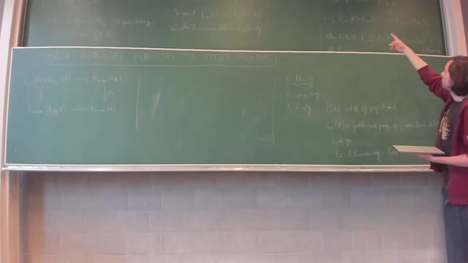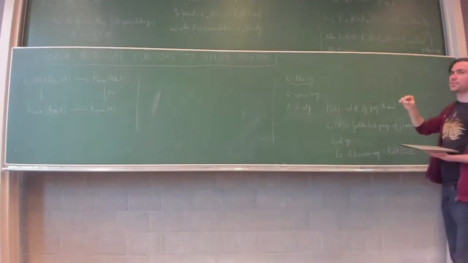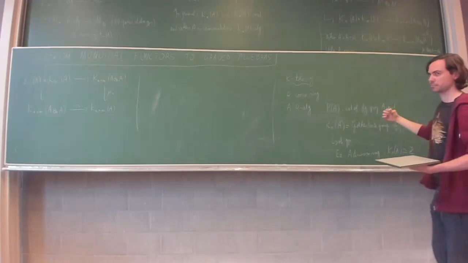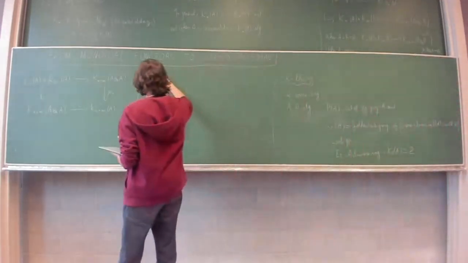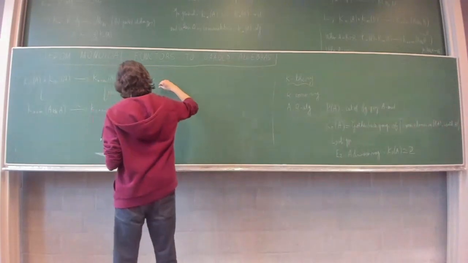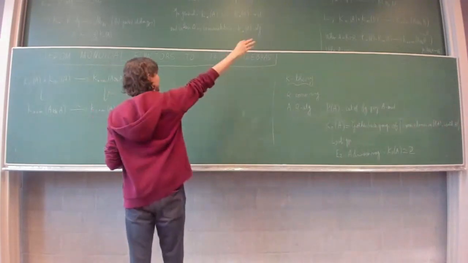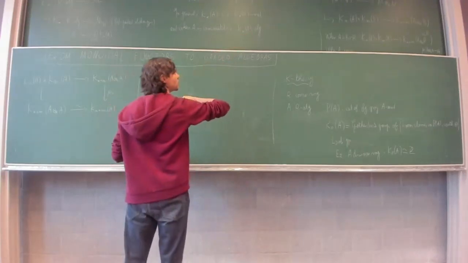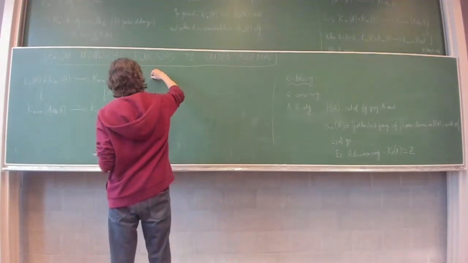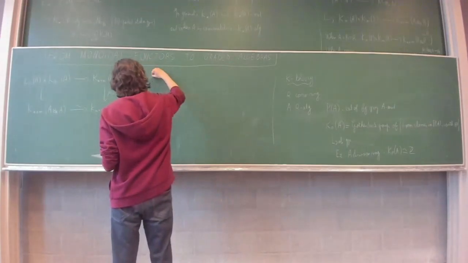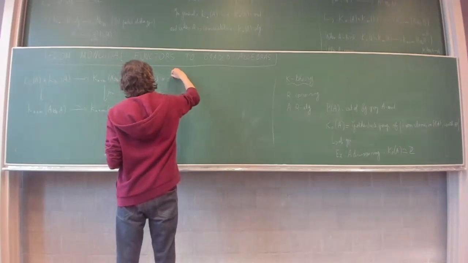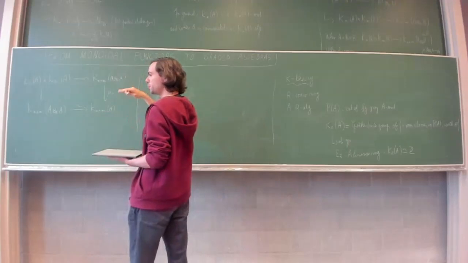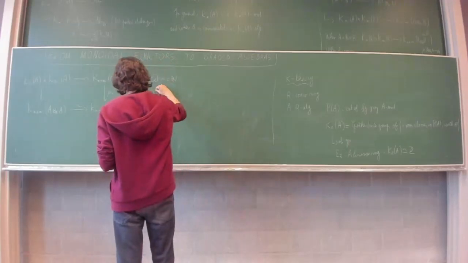This thing here tells me that K-theory is more than just a functor, it's a monoidal functor. Because if I package this, let's say that I take some n, then let's consider all pairs p and q such that p plus q equals n.